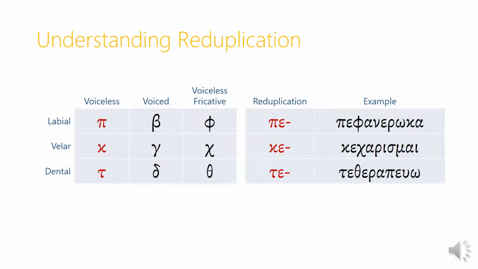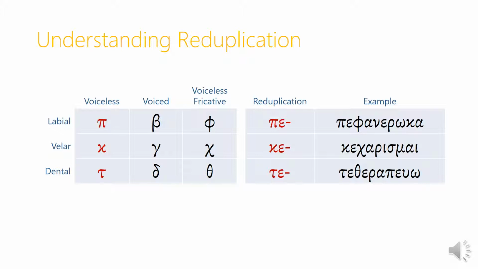There are a couple of tricks with reduplication. And one of these is that when we reduplicate an initial consonant, that initial consonant always is the voiceless version of the consonant group that the consonant is part of.